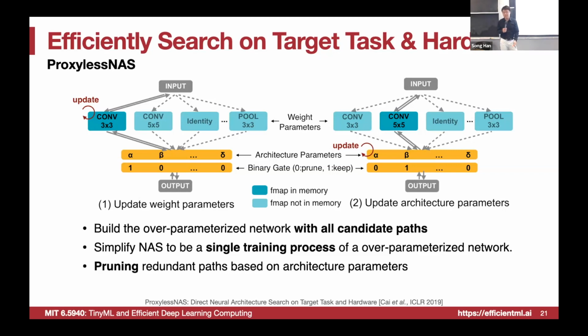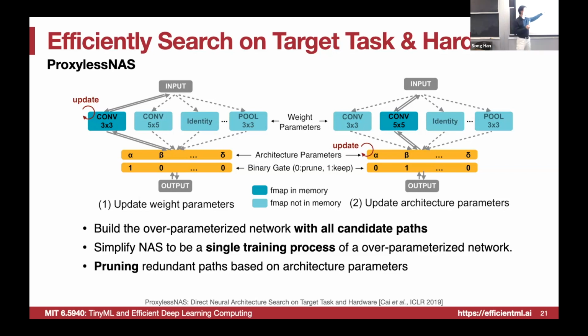And such a network has two kinds of parameters. One is the weight parameters. That's just the weights we talked about. The other is the architectural parameters, which define the architecture. Like if we are choosing this branch, this path, this is the probability of choosing a certain weight parameter.